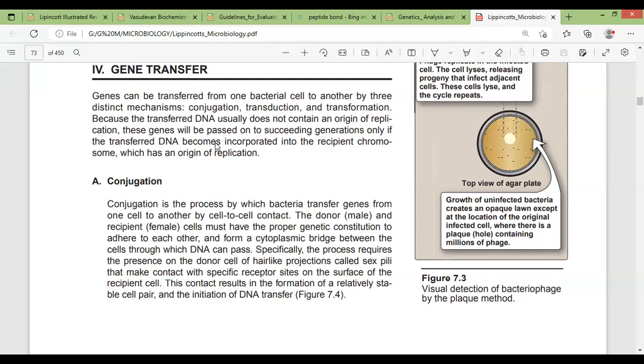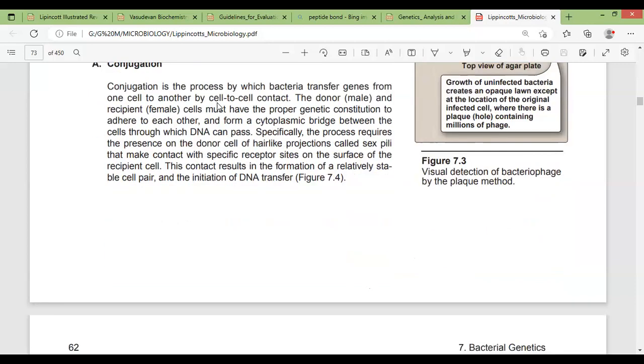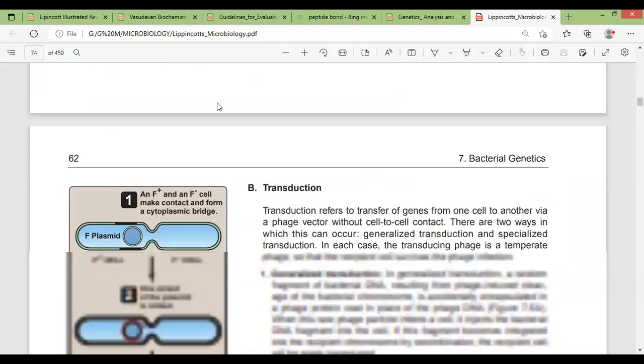Because we call it the sex pili, that's why we're saying male and female. I do not wish to attack anyone in the audience. This is microbiology. So let's just go to the diagram. It's easier to see with the diagram.